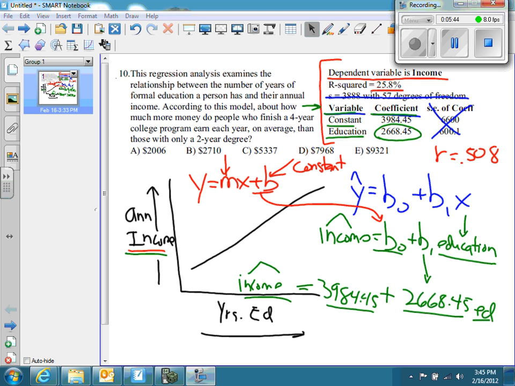Let's pretend for a minute that this line I drew right here actually represents this equation we just derived. It doesn't really matter if it does or not, as long as we get the concept.